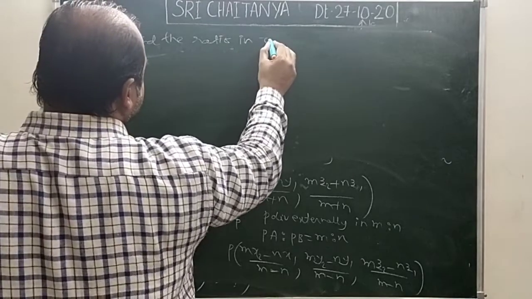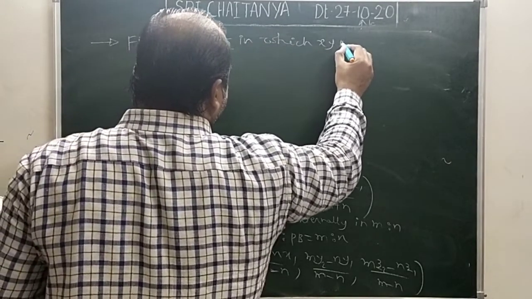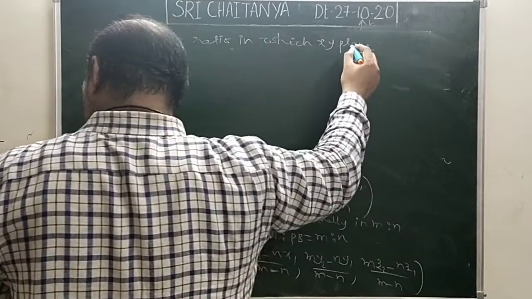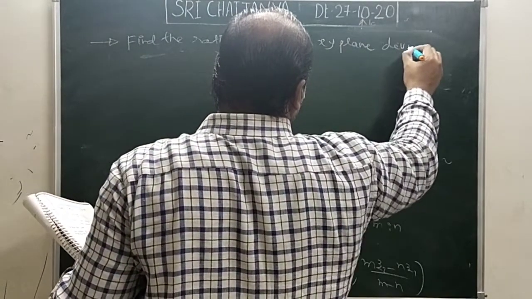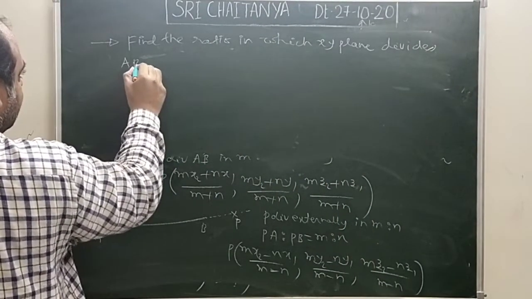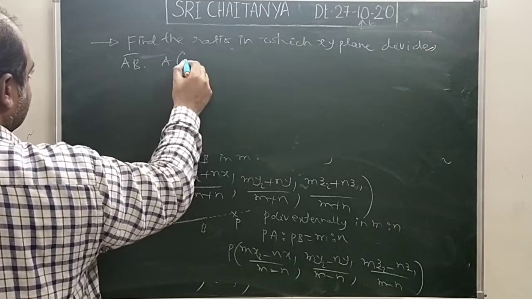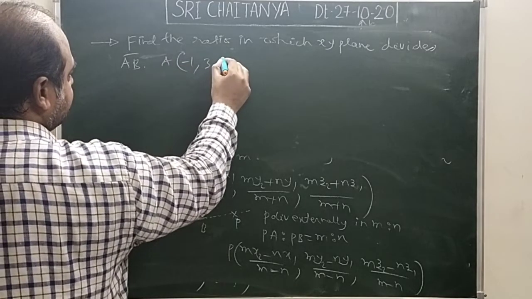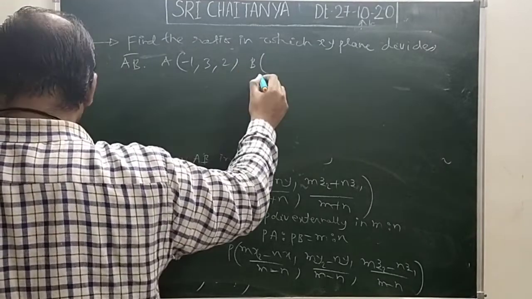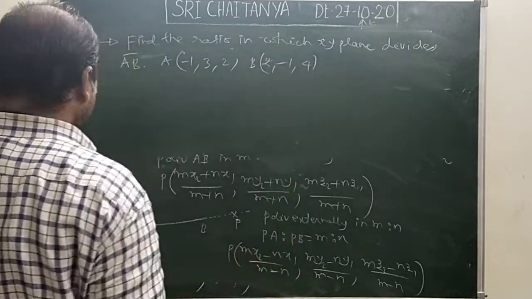Find the ratio in which the xy plane divides the line segment AB bar, where A is (-1, 3, 2) and B is (2, -1, 4).